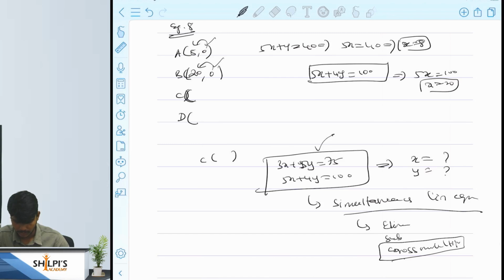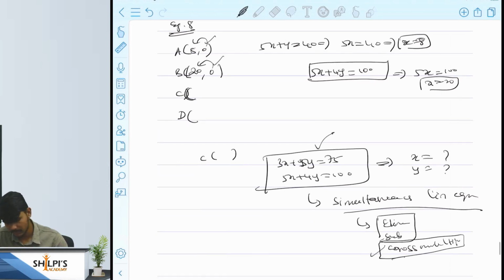We have seen these methods in previous classes. So you can solve this by cross multiplication or any method you want. The simple step is to use the previous lessons or previous chapter to find the answer for x and y. If you solve this now, you will get the coordinates of C.